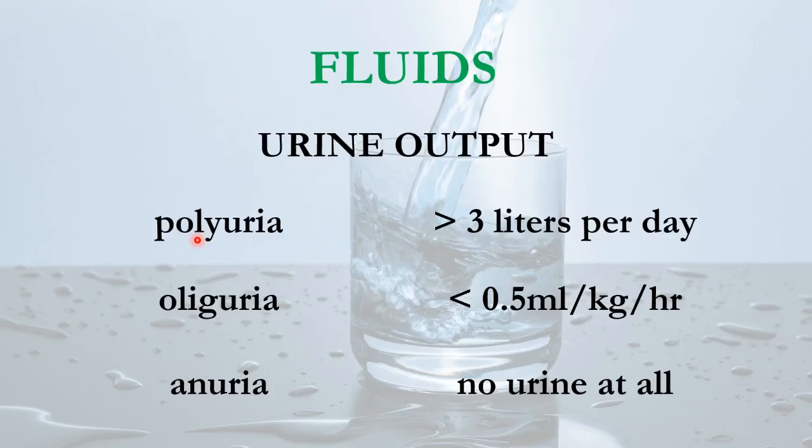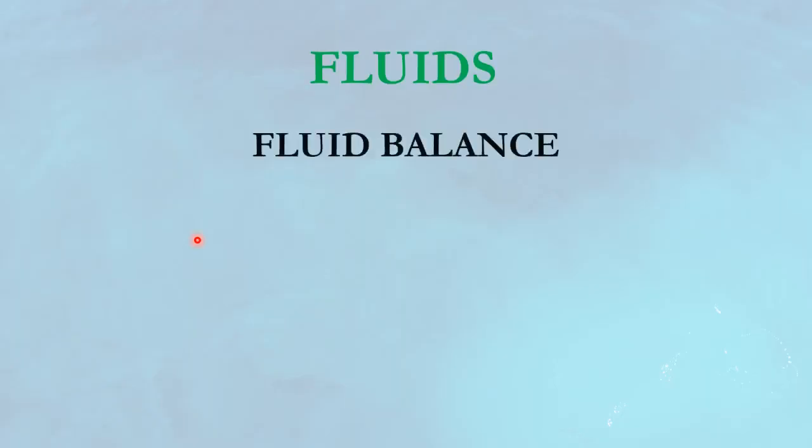Okay, continue. So under fluids, we talk about fluid balance. Okay, is there a fluid balance target for this patient? Okay, what's this patient's fluid balance after 24 hours? So we will find out if the patient's underfilled or overloaded, or just normal. All right.